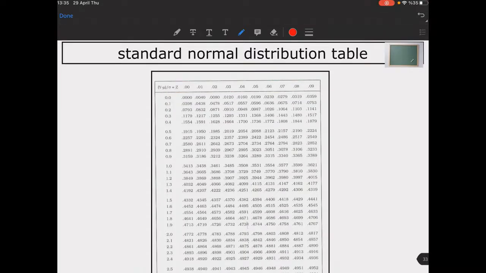So as you see, 1.05, right? You come from here, and this is what I'm looking for here: 0.3531.